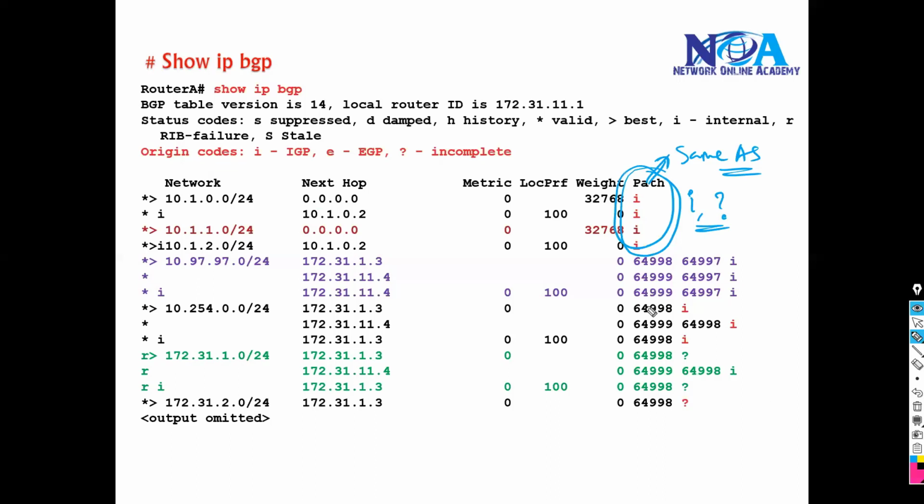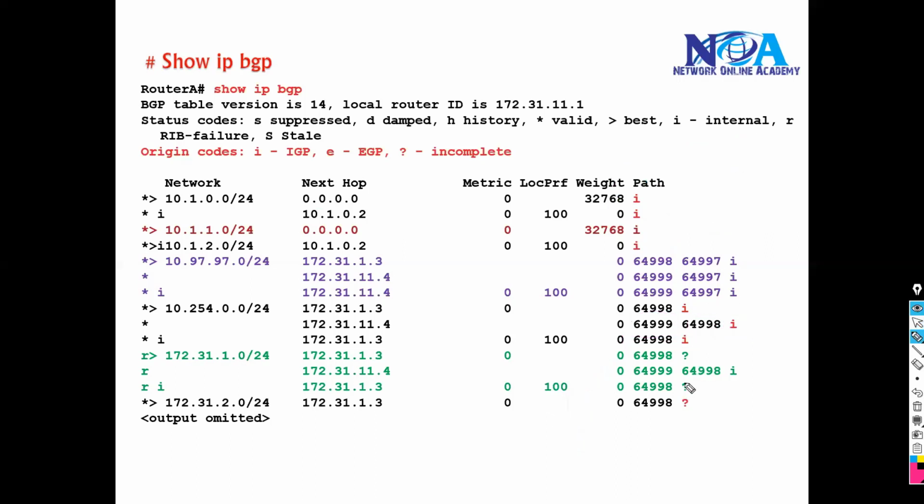But if you are receiving routes from another AS, you will see the list of AS numbers listed, whereas from the same AS you don't see that. So these routes are coming from a different autonomous system, originating from 64998 and 64999 before they come to my autonomous system number. If you don't see any AS information, you need to understand these routes are learned from the same autonomous system number.